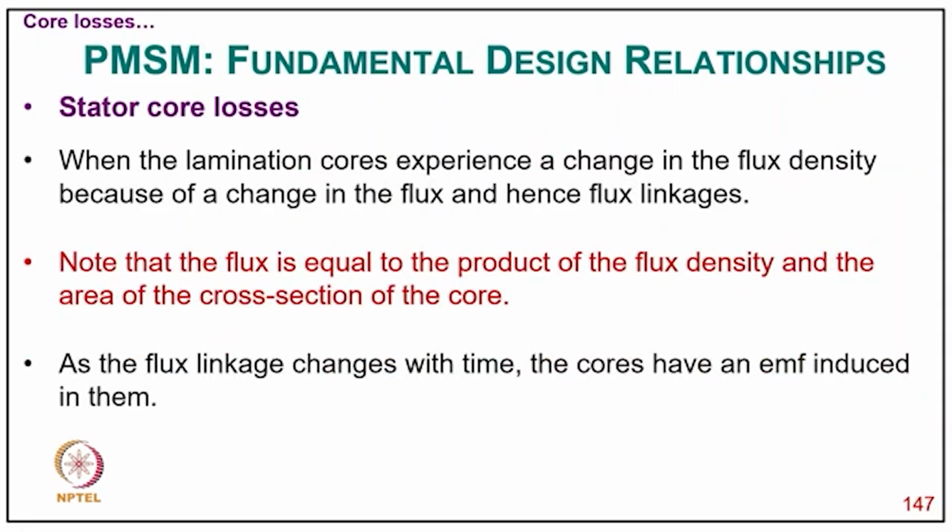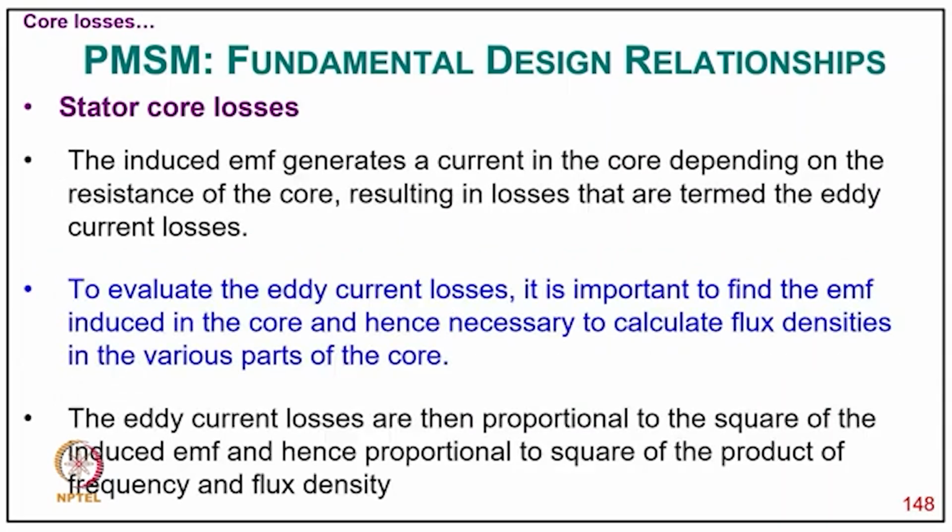And when the lamination core experiences a change in the flux density because of a change in the flux and hence the flux linkage, note that the flux is equal to the product of the flux density and the area of cross section of the core, and as the flux linkage changes with time, there is an EMF induced in the core.